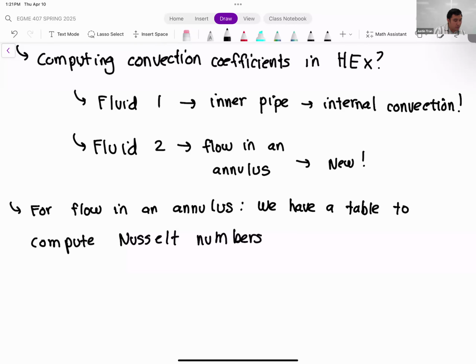Okay, so this table is in your textbook, but it's not too big of a table, so I'll write it out here for you. In the textbook, it's table 8.2, or at least it was table 8.2 back in 2019. I don't know what it is now. The way this table works is that it depends on the ratio of the inner diameter and the outer diameter of the annulus. Okay.